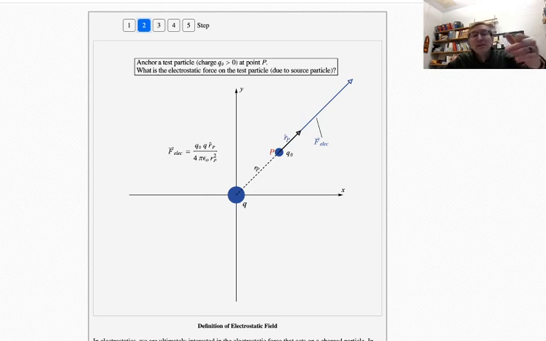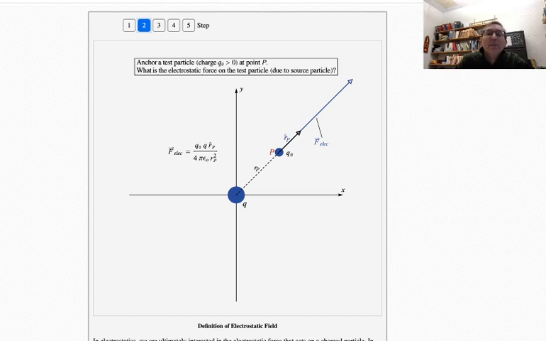And then I just wrote down the formula using Coulomb's law for that electric force: Q0 times Q times r hat over 4 pi epsilon 0 r squared. Coulomb's law, chapter 21, previous video lecture. We know how to calculate that F electric using Coulomb's law. Okay? So now we know what that is conceptually.